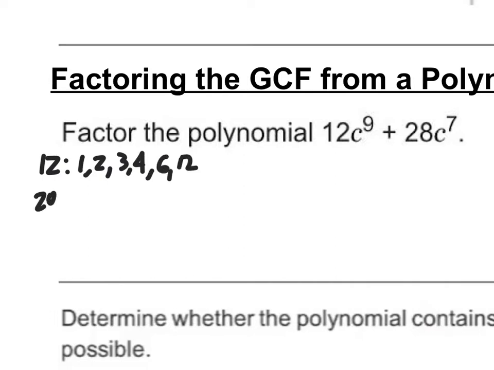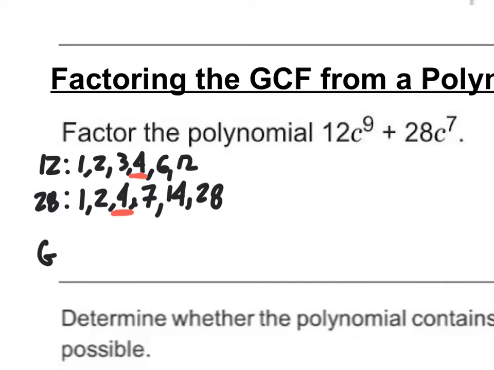And for 28, we've got 1, 2, 4, 7, 14, and 28. The greatest common number between those is 4. Between c to the 9th and c to the 7th, the smallest exponent is 7, so c to the 7th. So my greatest common factor is going to be 4c to the 7th.